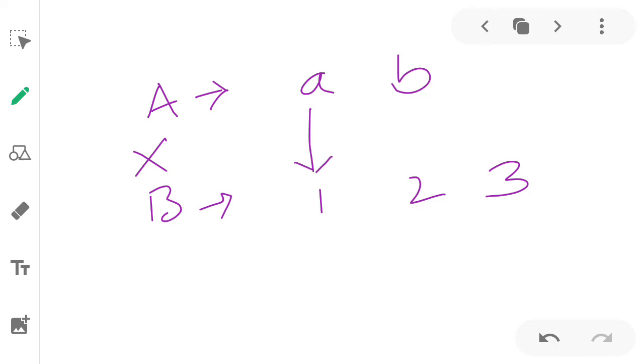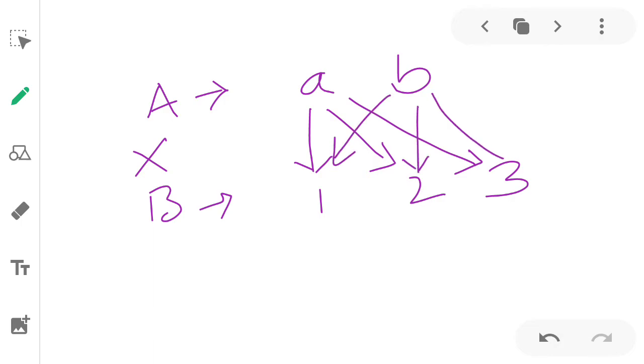A combination with 1, A combination with 2, A combination with 3. Next, B combination with 1, B combination with 2, B combination with 3. So combinations of A with 1, 2, 3, the count is 3, and combinations of B with 1, 2, 3, the count is 3. So by this way we will get the total number of ordered pairs as 6.